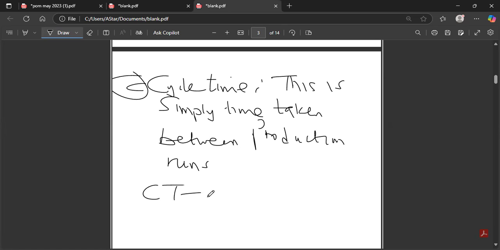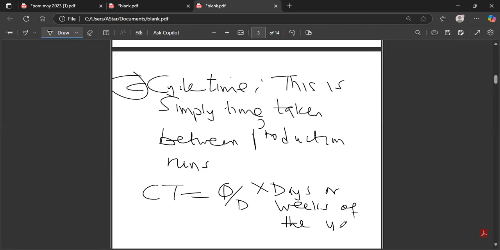So cycle time is equal to Q over D multiplied by the days or weeks of the year. That's our cycle time. Are we together?